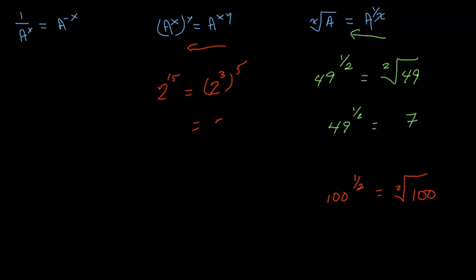It's also the same thing as 2 to the 5th raised to the 3rd power, right? And you're going to see instances where that is convenient, right? Again, similarly here, this also works this way.